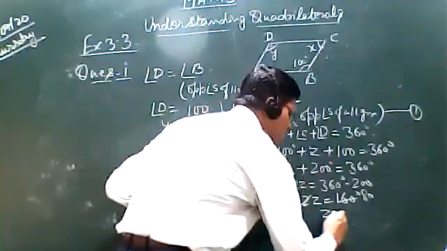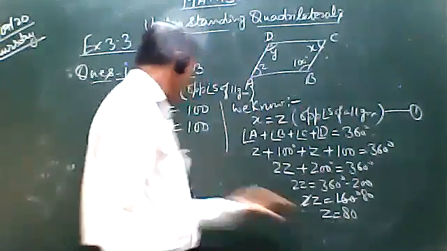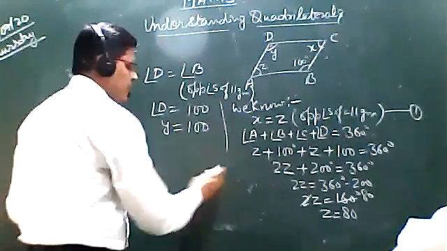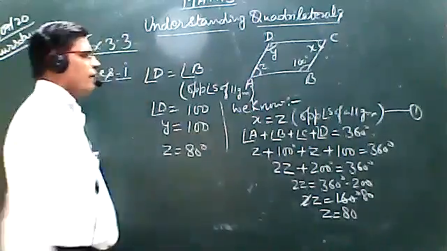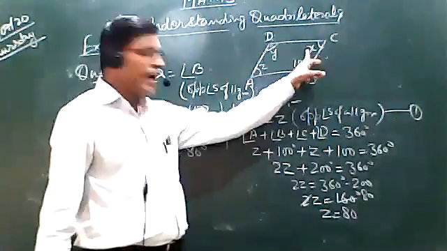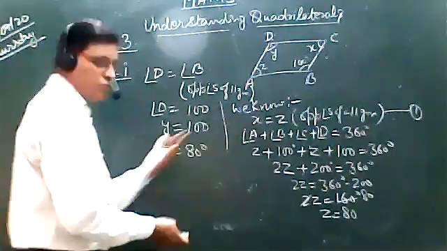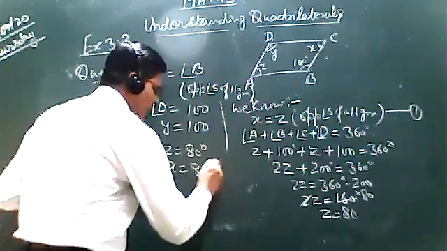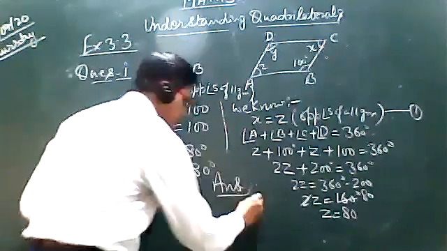The value of Z is equal to 80. Z की वैल्यू आ गई, Y की वैल्यू आ गई. Now we write here, Z is equal to 80 degree. X is also equal to Z, therefore X is 80. These are my answers.